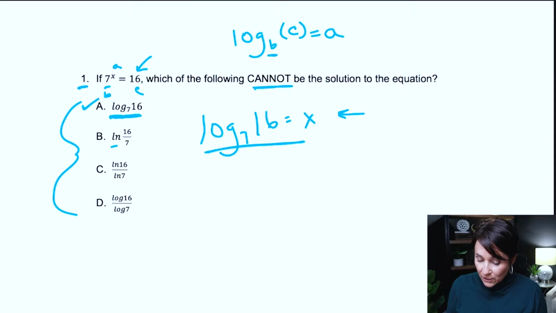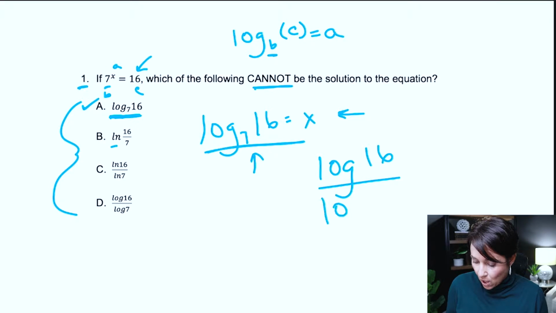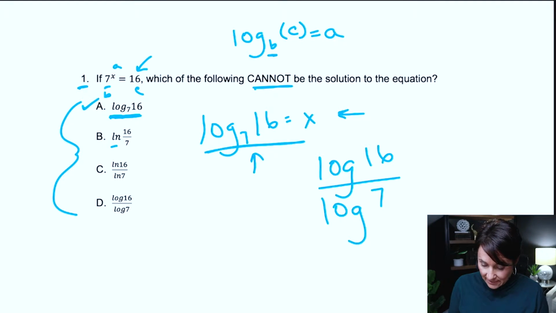But just know that you can rewrite this as log 16 over log 7. And again, it's part of the properties of logarithms. So we can see that D would also be a way that we could write this equation, or would be a solution to the equation.